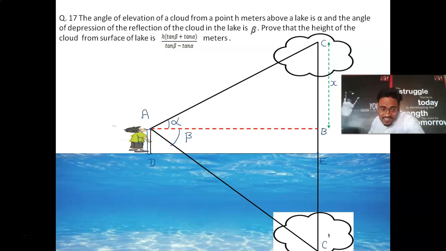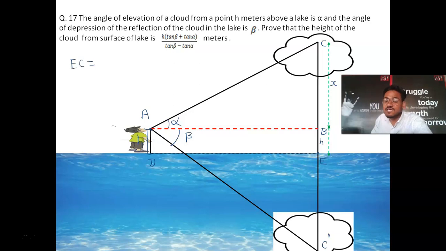Now, since AD is h, no problem in saying that BE is going to be h only. So let me denote this BE as h. Now, students, if I ask you what is the total EC, just tell me what is the total height EC.